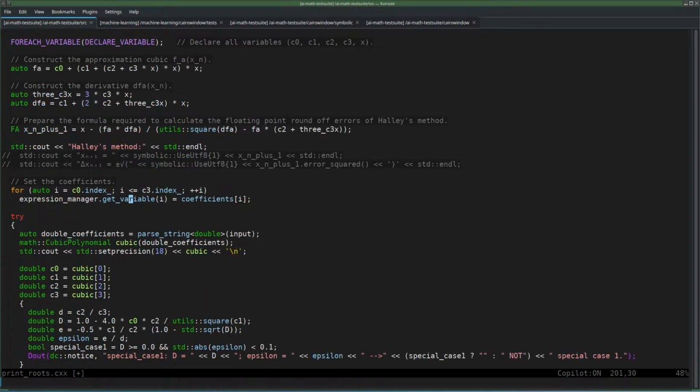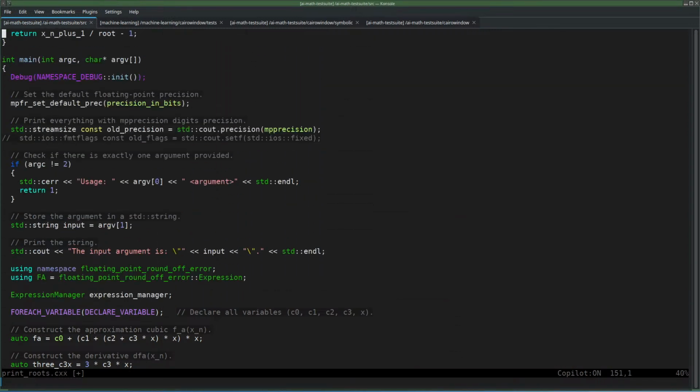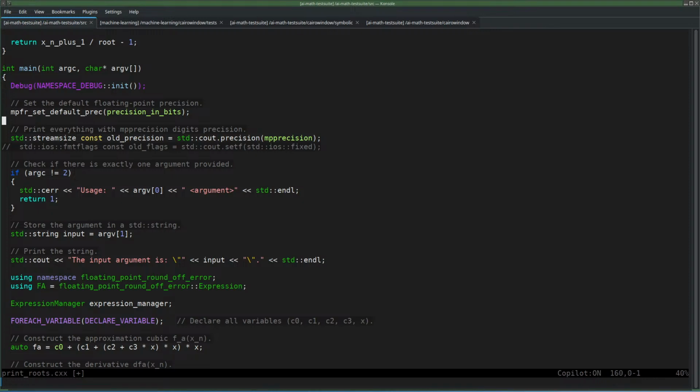So really I should do get variable dot symbol and then assign it. And you can assign a double, and the double must be equal to the actual value of my input, which was not processed yet. I have input here, but that's it.